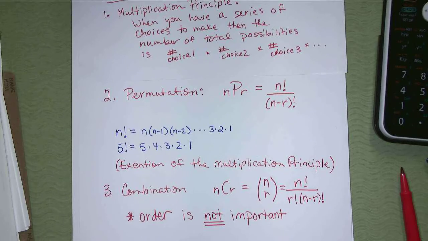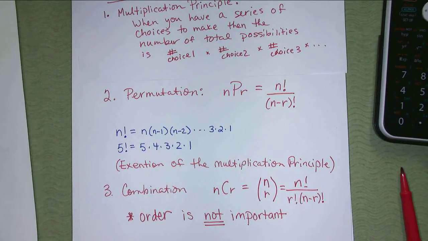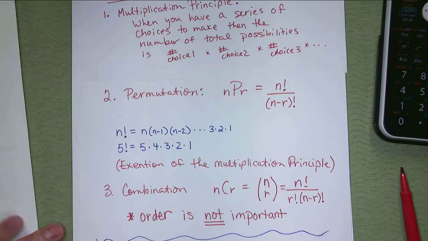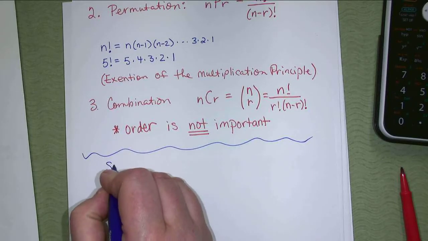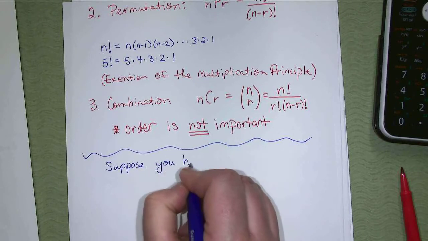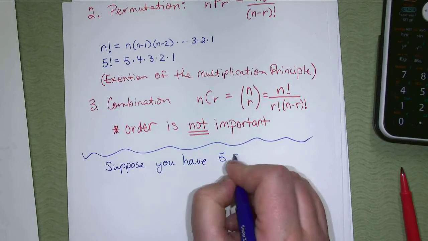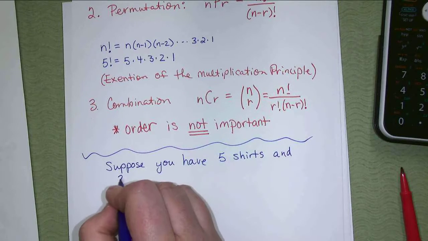Okay? Ready? So, there was a question in my son's homework, he's in grade 5, that was the multiplication principle. And it was this. Suppose you have five shirts and 3 pairs of pants.